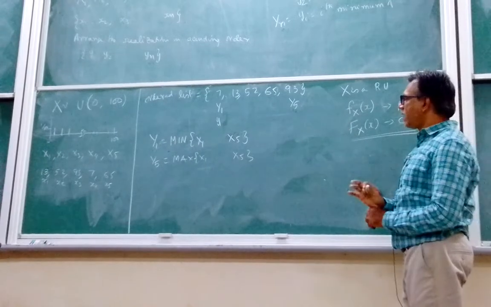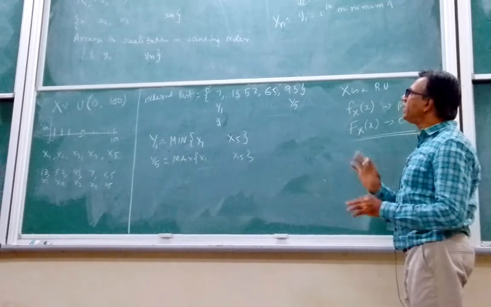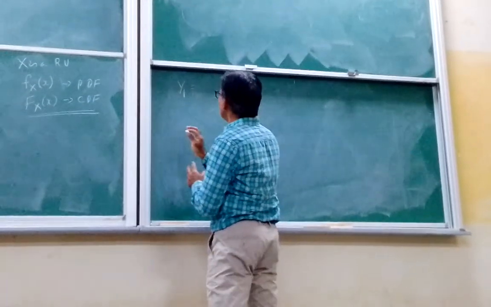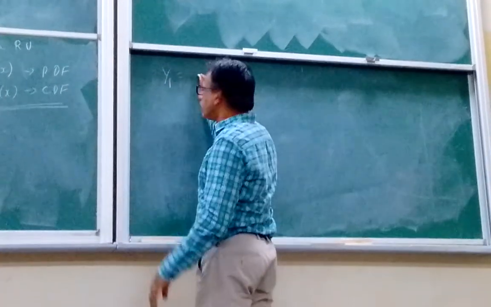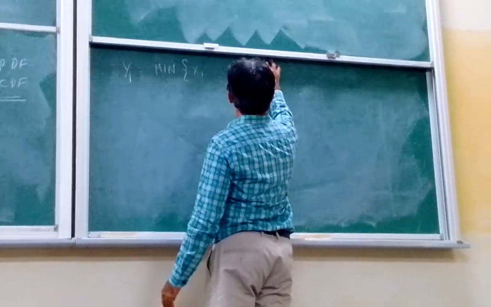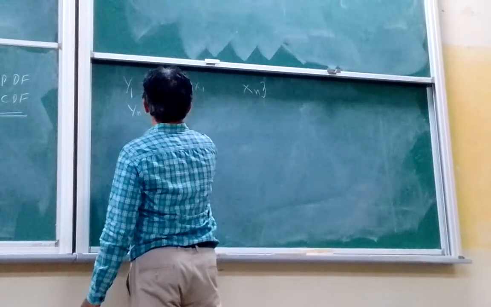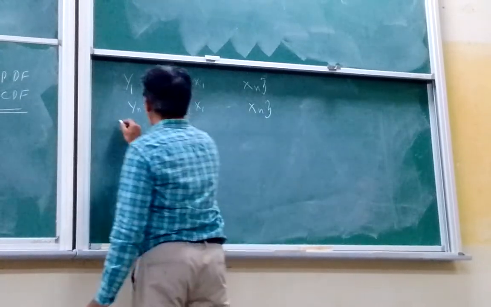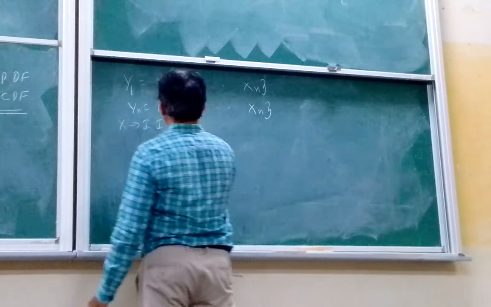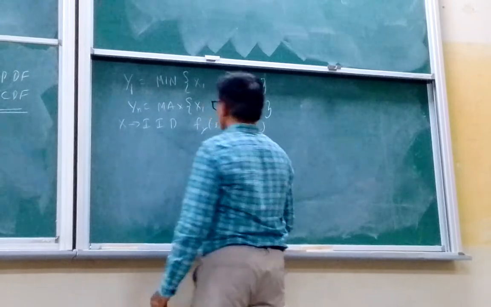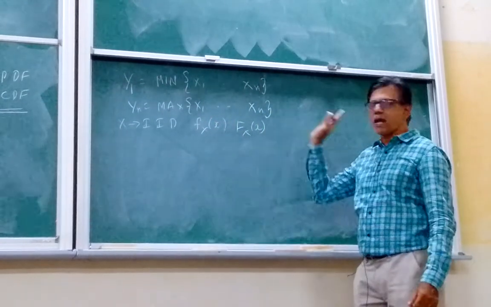Now, how do we arrive at y1 and yn? That should be easier. What is y1? It is what we get after ordering: the minimum of x1 through xn, and yn is the max of x1 through xn. All the x are IID with density function fX(x) and the CDF.